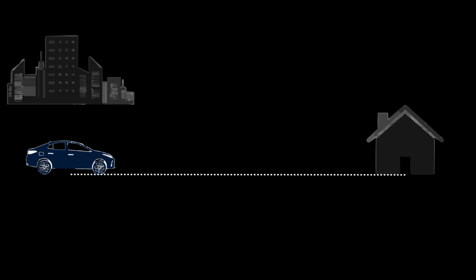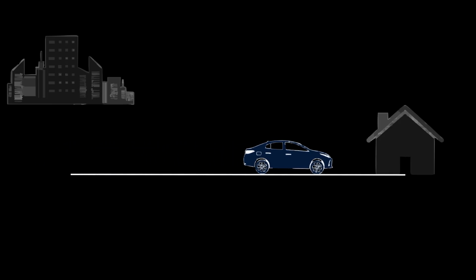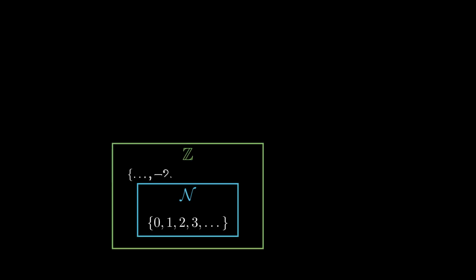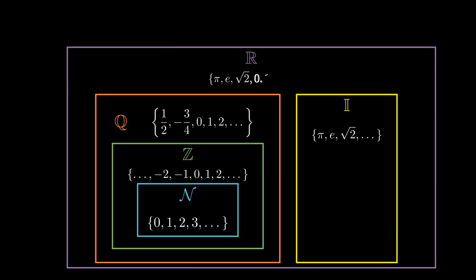This would mean the car would never pass over those specific points. But that's impossible because the car can't teleport over the gaps. The car was moving continuously, and at every moment we knew exactly where it was. To describe this, we need real numbers. Real numbers cover all the numbers that can be represented on the number line.